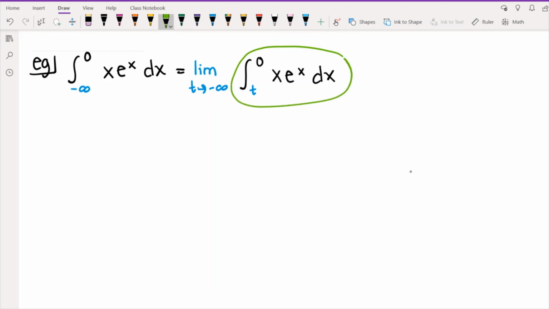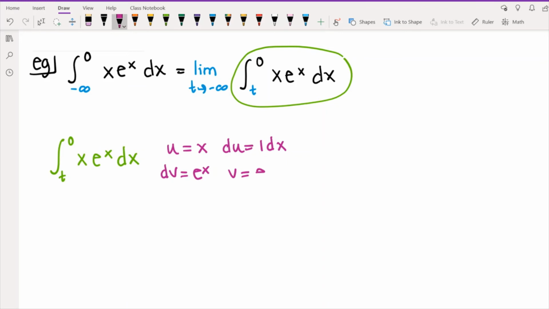So we have the integral from t to 0 of x times e to the x dx. For integration by parts, we let u equal x, du equal 1 dx, dv equal e to the x dx, and v equal e to the x.